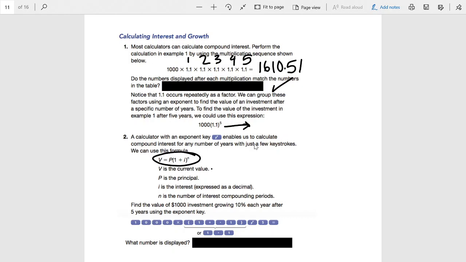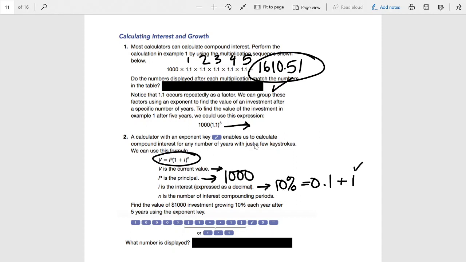V is the current value, okay? So in this case, V would end up being, after those 5 years, $1,610.51. P is the principal, so in this case, $1,000, what we put in at the beginning. I is the interest, in this case 10%, but we're going to show it as 0.1. Okay, and then you'll notice in the formula that we're adding on 1.